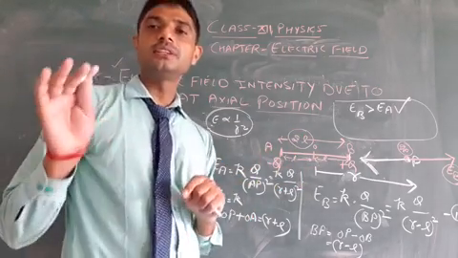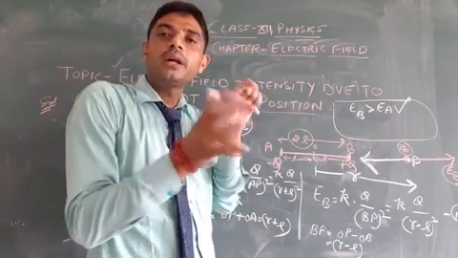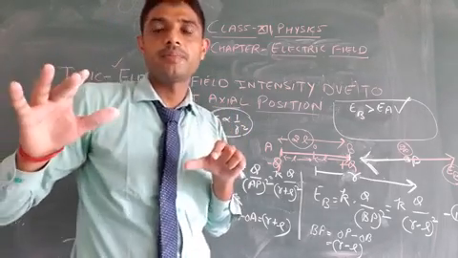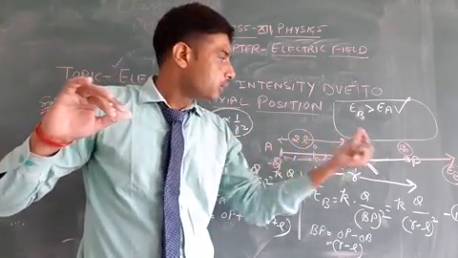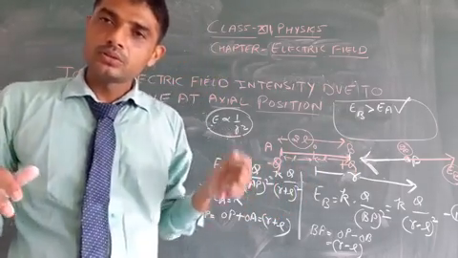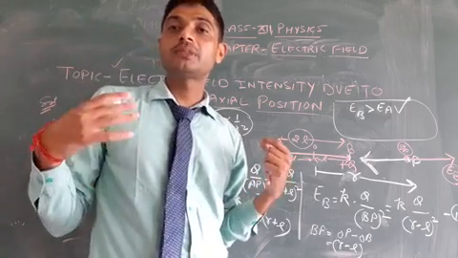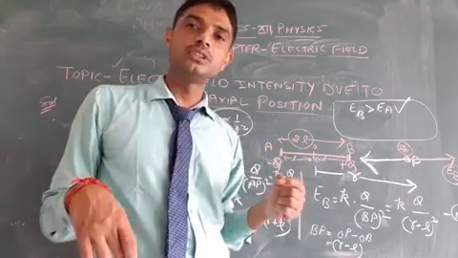If the intensities act in the same direction, the resultant intensity is found by addition, but both act in opposite directions, so the resultant intensity is found by subtraction of these two intensities.